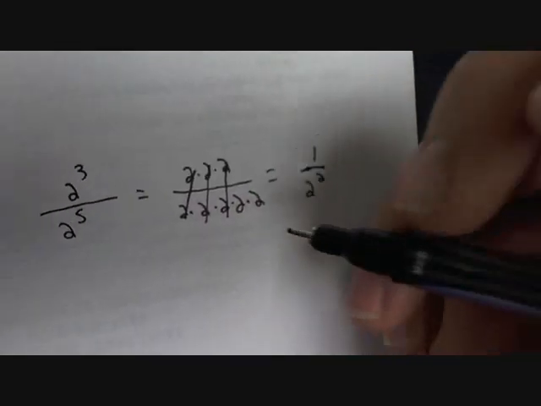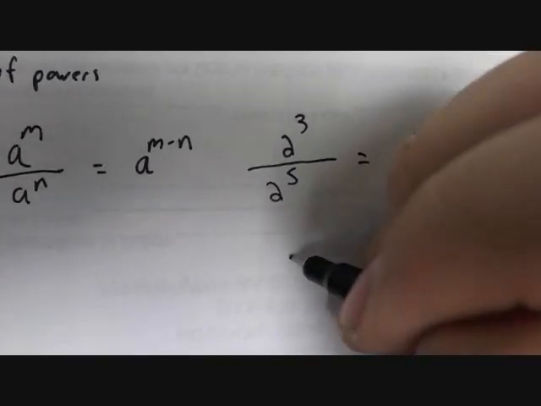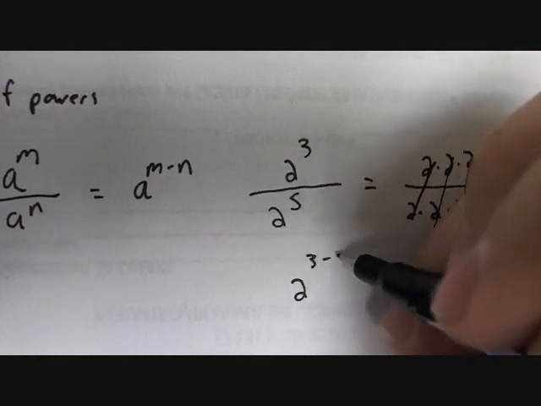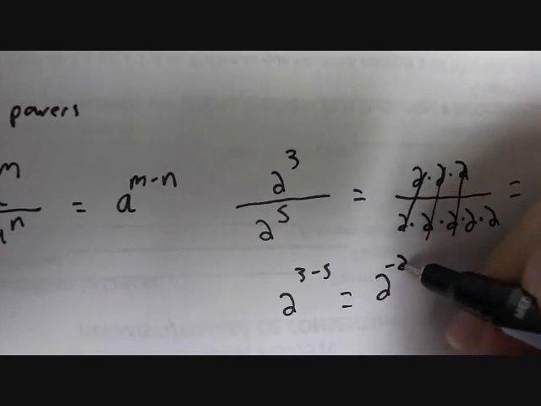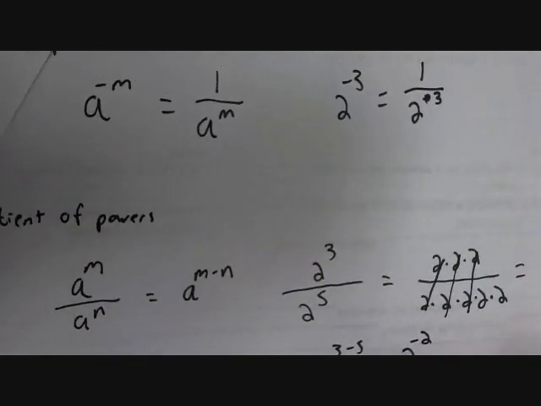If you use the shortcut, it'll be 2 to the 3 minus 5, same thing as 2 to the negative 2, which we know by the negative property means it's 1 over 2 squared. So same thing. That's the quotient rule.